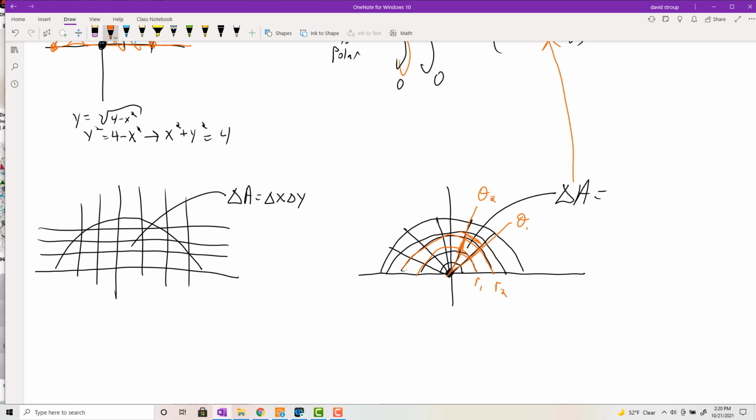I'll say r2 minus r1 is delta r, and theta 2 minus theta 1 is a change in theta, delta theta, right? But anyways, what is the area of this thing? Well, you can get it from the area of a sector of a circle. So recall a circle and its area. Here's my circle and the area of a little sector like this. If I know theta and I know the radius, I can figure that out.